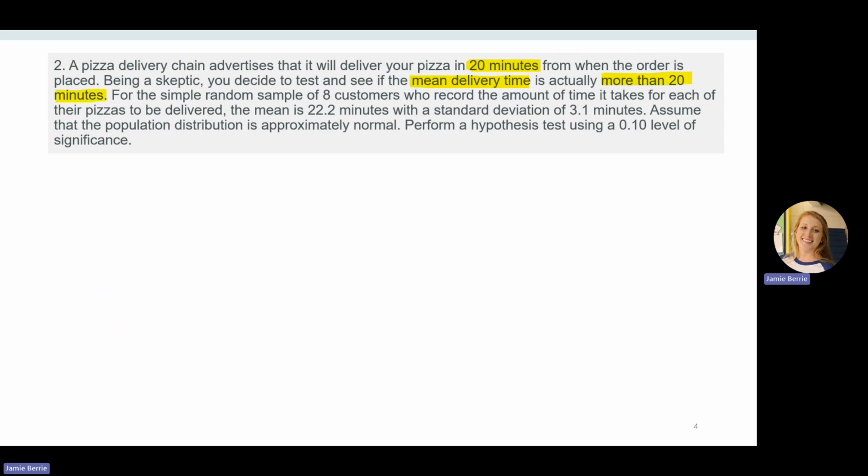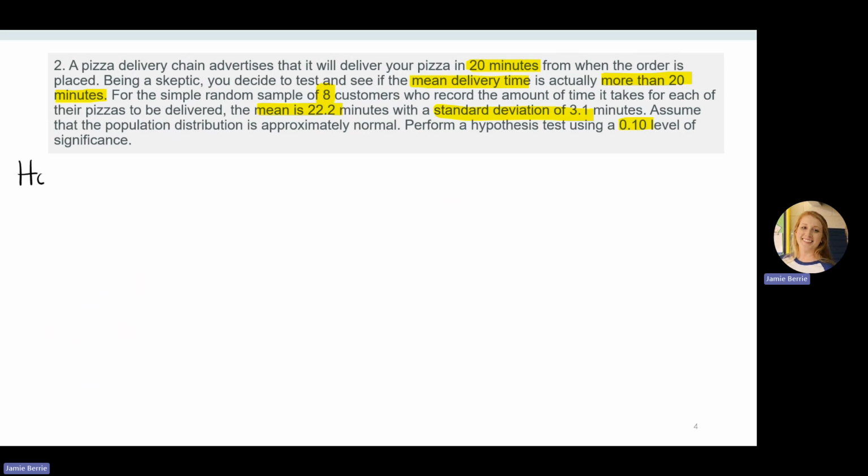For a simple random sample of 8 customers who record the amount of time it takes for each of their pizzas to be delivered, the sample mean is 22.2 minutes, and the sample standard deviation is 3.1 minutes. Assume that the population distribution is approximately normal. Perform a hypothesis test using the 0.10 level of significance. Much higher level of significance on this one.